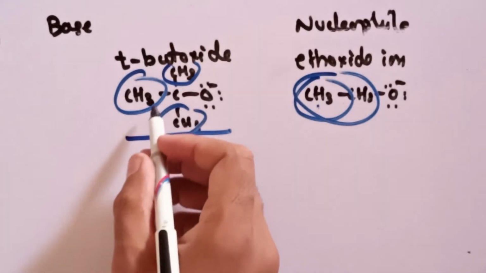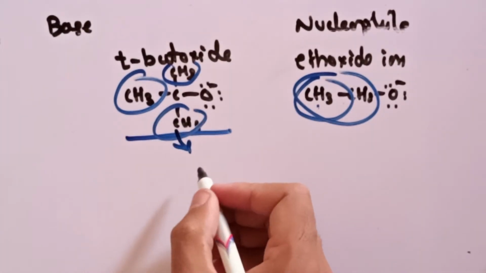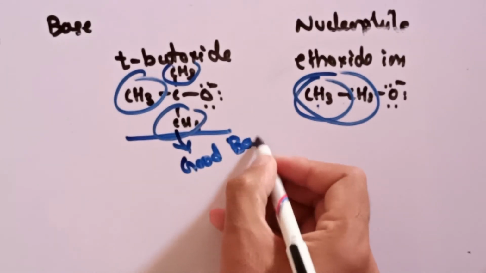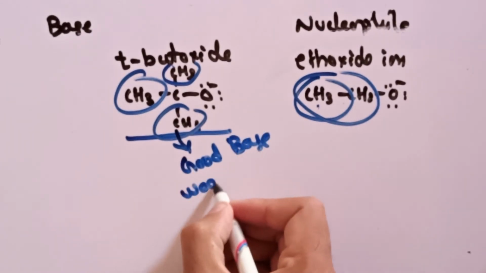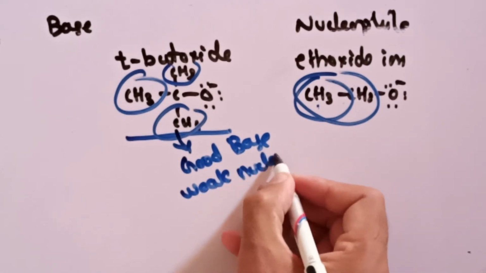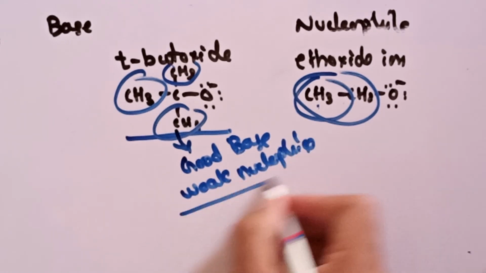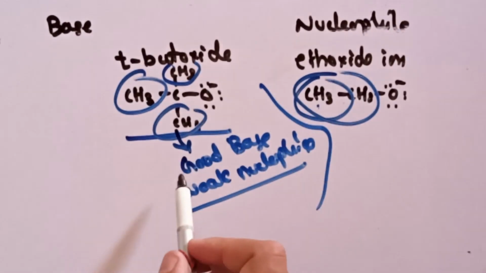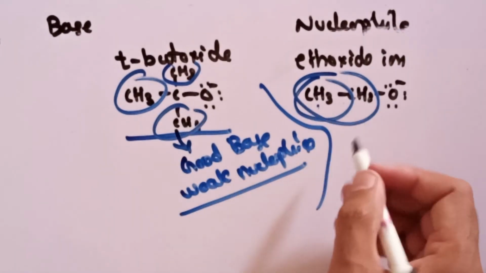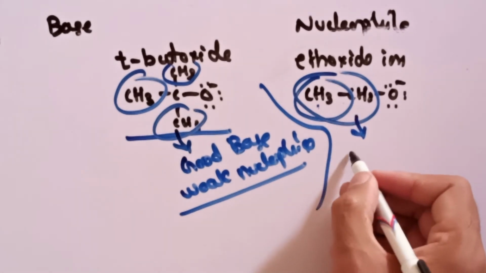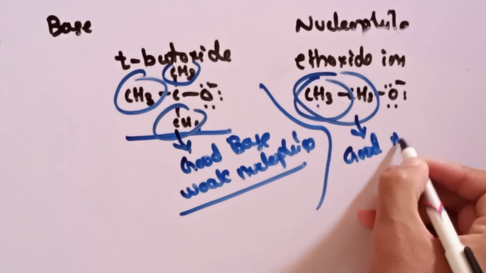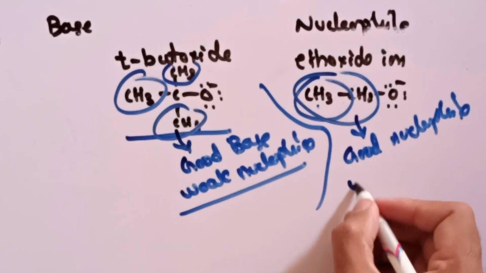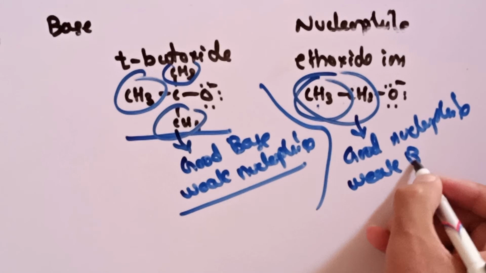Tertiary butoxide will act as a good base, but a weak nucleophile. While the ethoxide ion will act as a good nucleophile, while at the same time it will be a weak base.